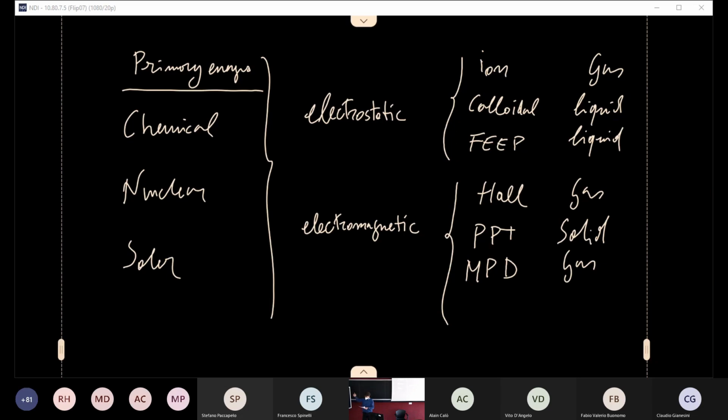So, besides the need and the cost of creating charged particles, these kinds of devices are also characterized by a low level of thrust to weight. They are not able to lift themselves.